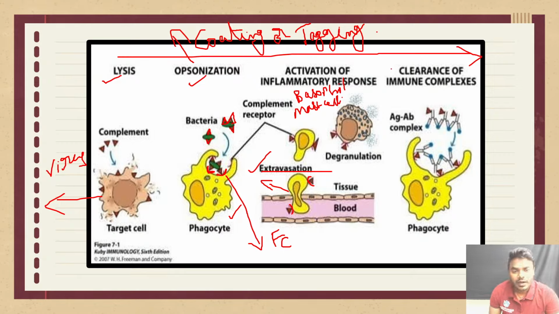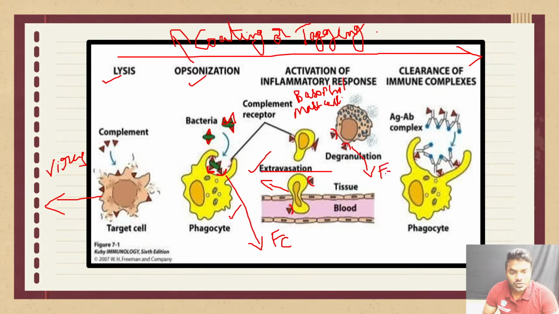We know that. Now the point is here, how is this particular degranulation occurring? How is this particular breaking occurring? Of course, friends, it is occurring with the help of a complement molecule only. You all can see that on the basophil and on the mast cell, there is a presence of the Fc receptor.